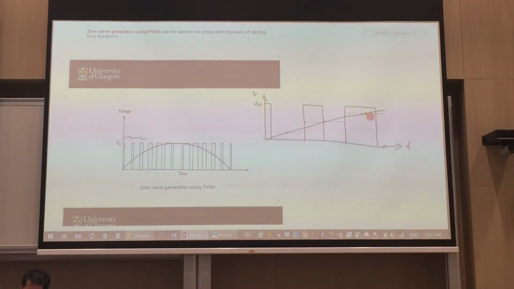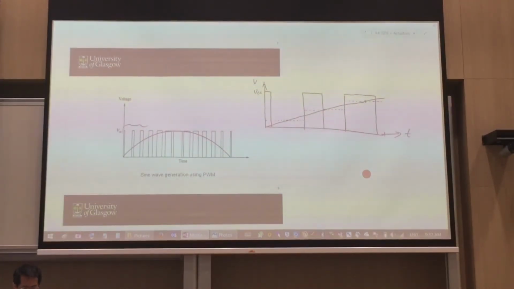This sinusoidal characteristic can be used to fit into my motor if I want to give it an AC response. So those are the signals that you can use to change the behavior of your motor by using a PWM signal.